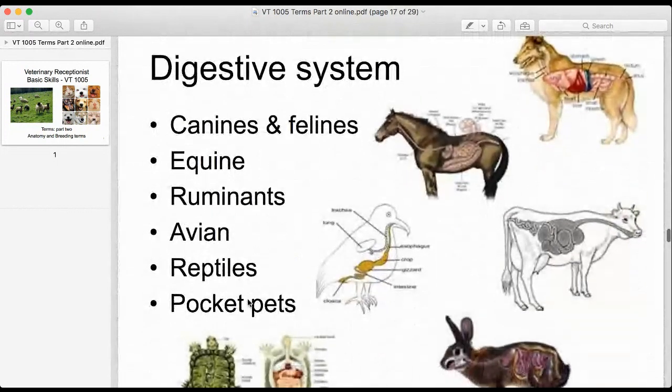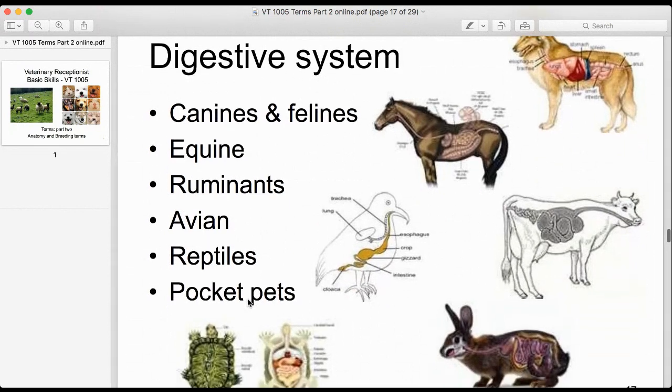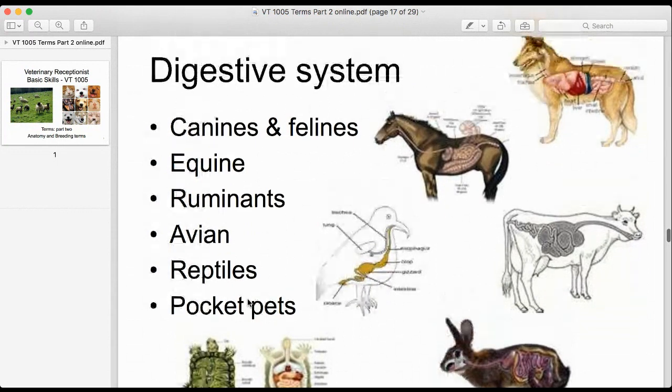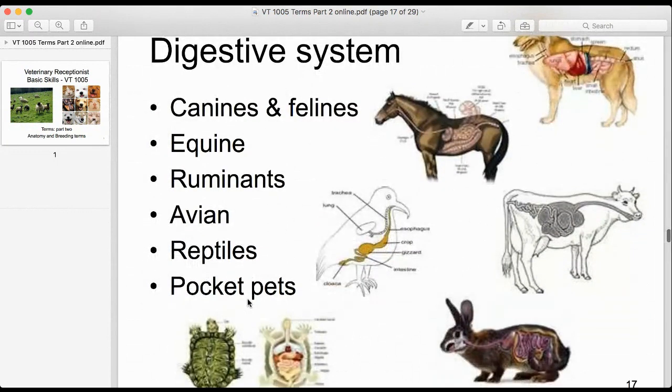This week we will be exploring the digestive system, but digestive systems have similarities, but then vast differences. And we will explore those next week, but you can look at these pictures. If you think of the horse and the rabbit, they are much more similar than a horse in a sense to a dog or a cat.